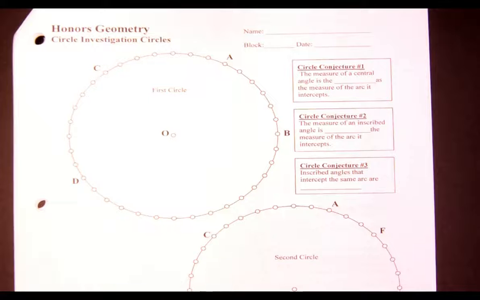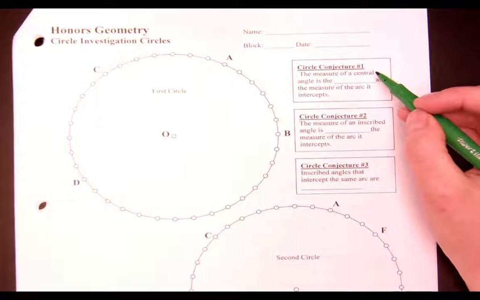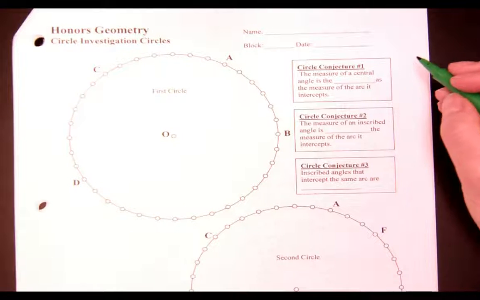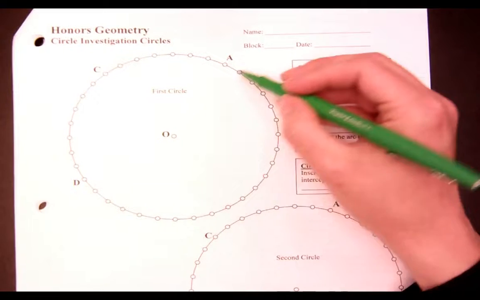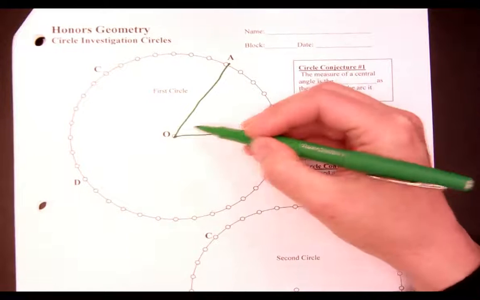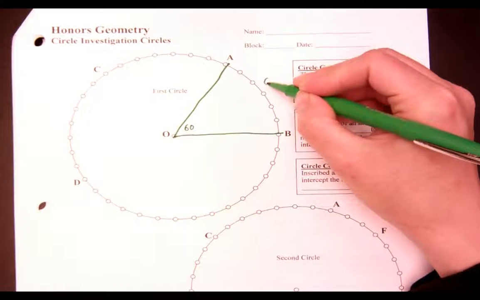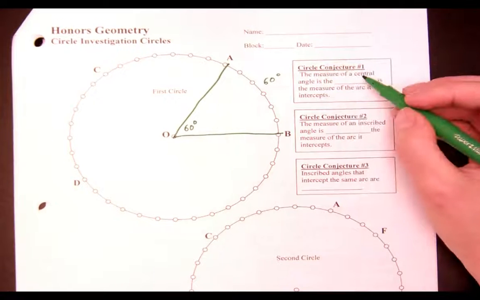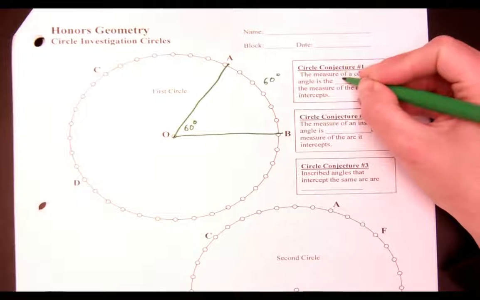Okay. So, desk number 31, what did you get for the circle conjecture number 1? 60. So you're right, they both came out to 60 when we drew it. And then if we're looking for a word that would be true of anything, what did you say at the beginning of class?